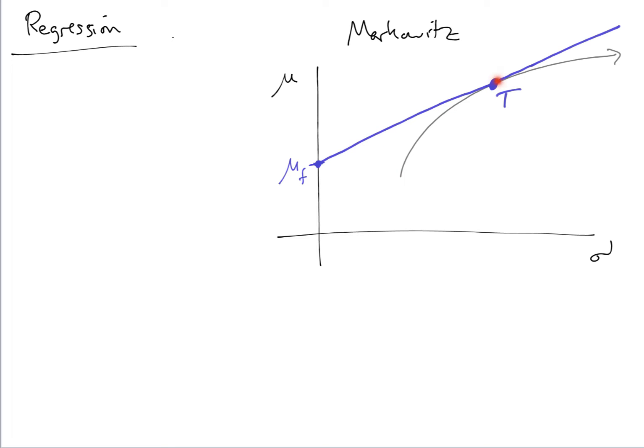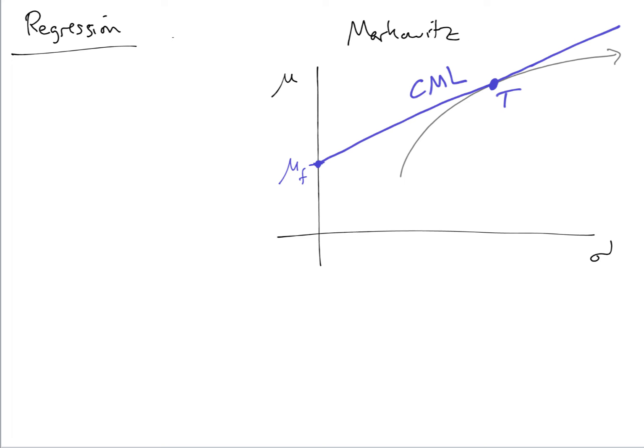And we also noticed that we can actually go beyond the tangency portfolio on this line, which represents shorting the money market account or taking a loan and investing the proceeds in the tangency portfolio. So as we move along this line, this ray, we are increasing our leverage as we move to the right. And this line is what we will call the CML, or the capital market line.